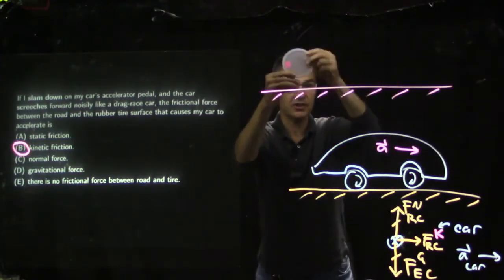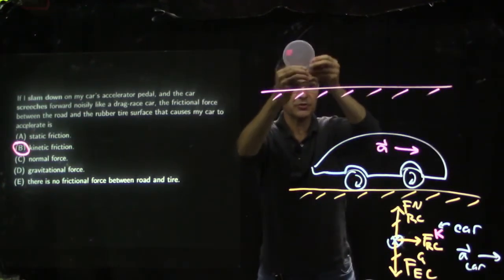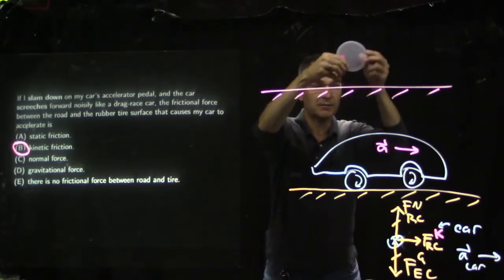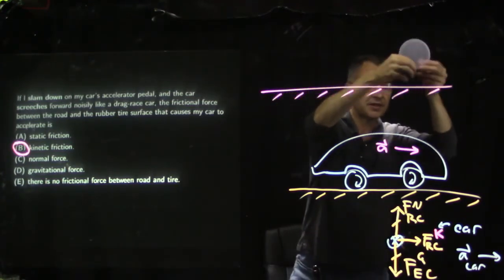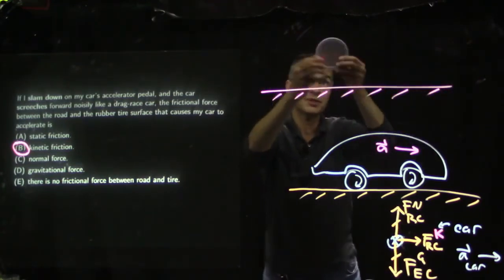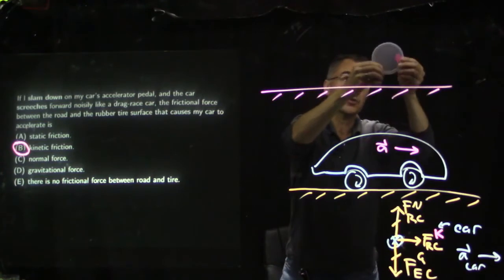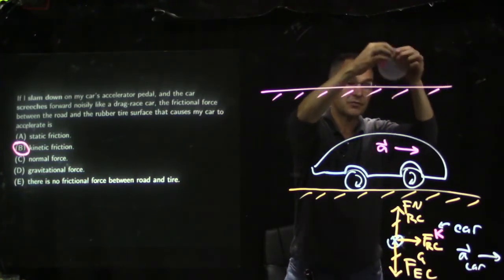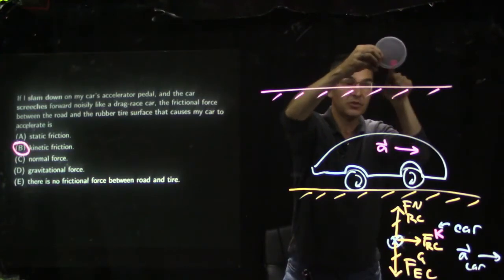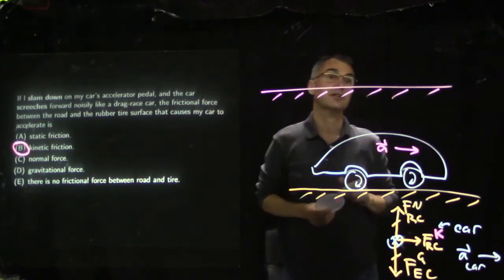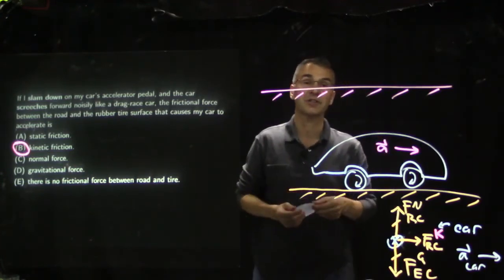Instead, in this case, we stepped on the gas pedal so hard that initially the tire is just spinning and spinning, and maybe the car is accelerating, but if the tire goes around one complete revolution, the car is going forward less than one circumference because there's some relative slipping between the bottom of the tire and the road. You can hear that, and you can also notice it in how quickly the tires wear down.